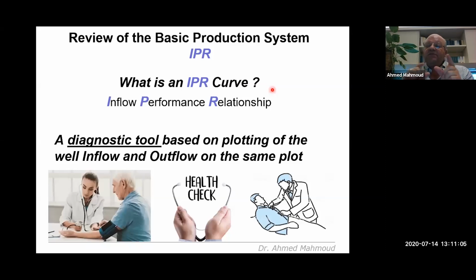We use this IPR curve as a measuring tool to identify and decide if this well is producing at its optimum production or not. If it's not, what can we do? Then we open our option list and start discussing the options one by one until we shortlist them and then decide on the best artificial lift system to go with.